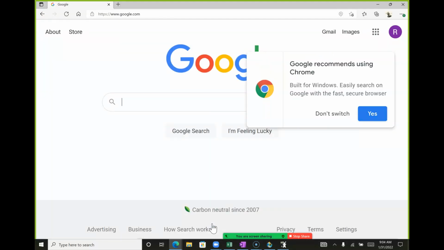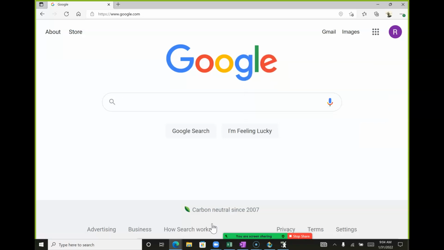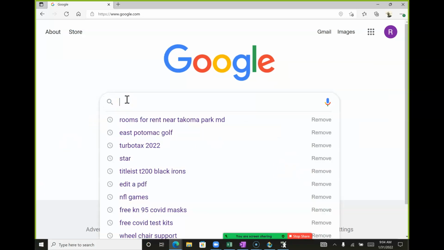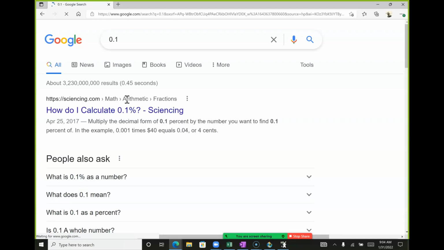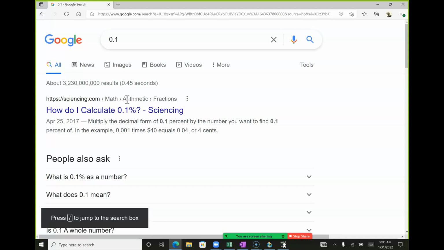Here's my Google search here. I'm going to search for 0.1. Google's telling me there's 3,230,000,000 results, just for that string or number in a web page.